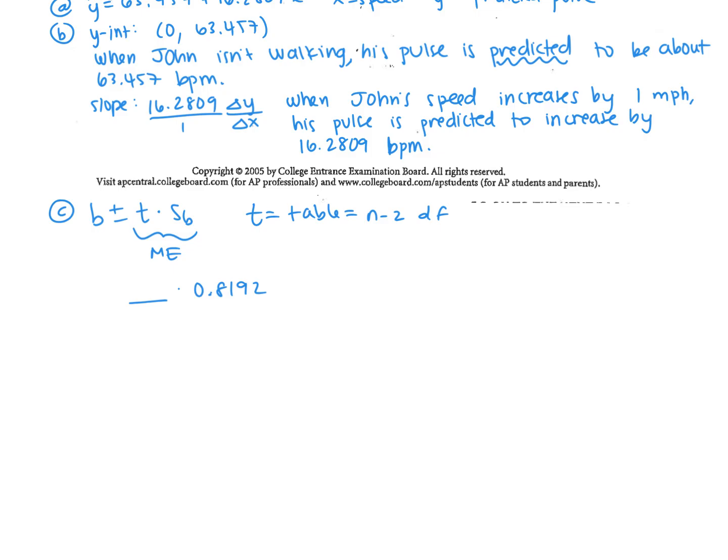We were told in the very beginning paragraph that there were 7 observations, 7 speeds, I think. So we are going to use 5 degrees of freedom, and then you would look on the table at 98%. Do you just trust me if I tell you what that number ends up being? The T value ends up being 3.365. So when we multiply those, we get a margin of error of 2.7566.